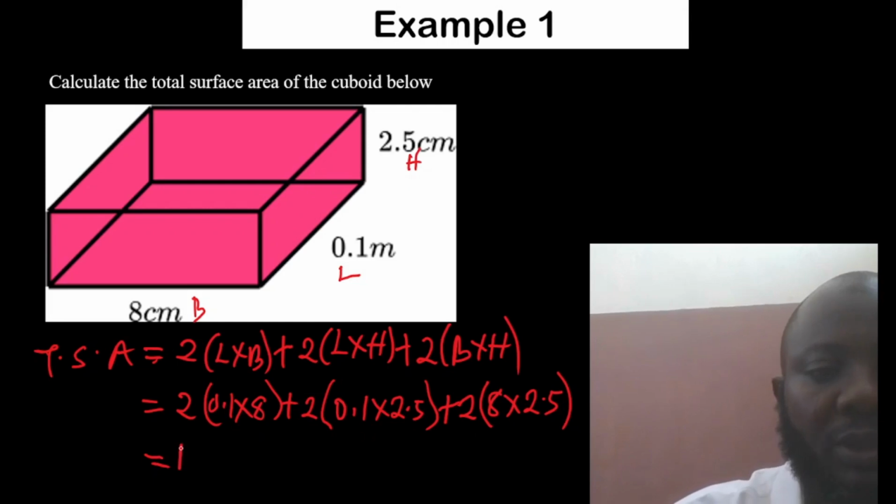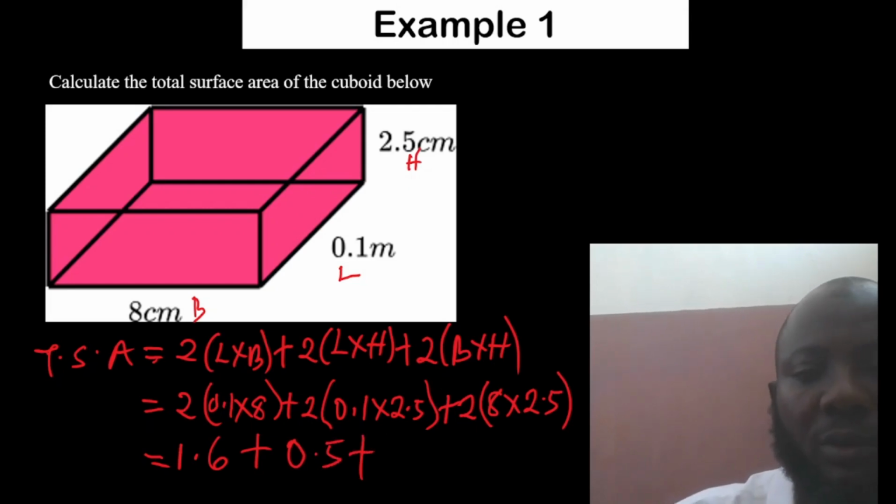Plus 2 times 0.1 times 2.5. So this gives us 0.5. Plus 2 times 8 times 2.5. So this gives 40.